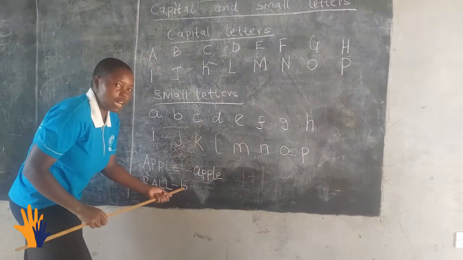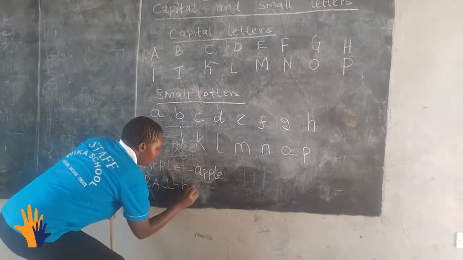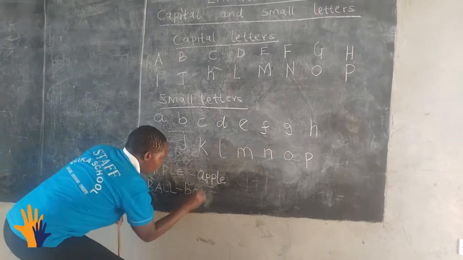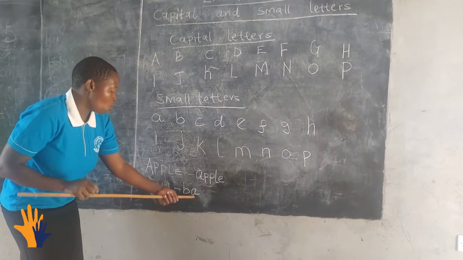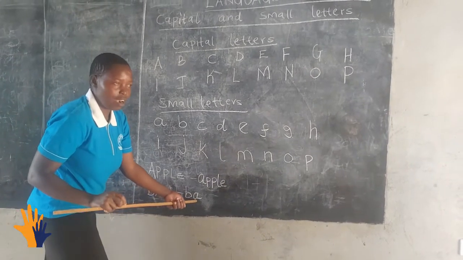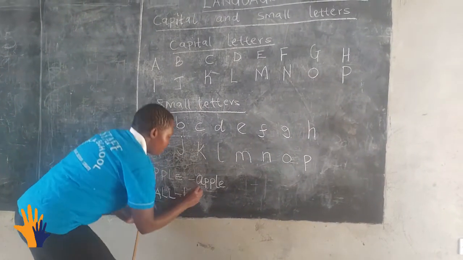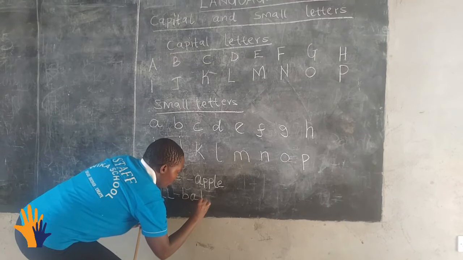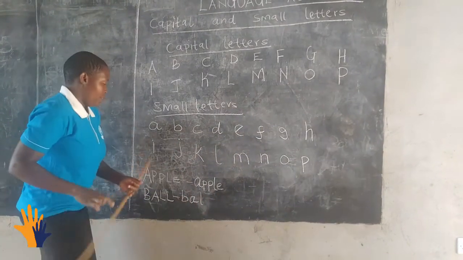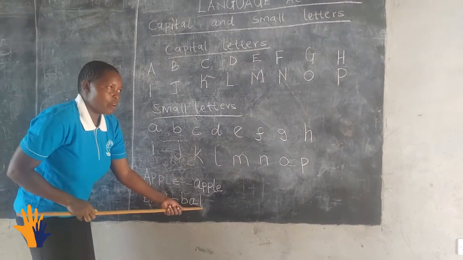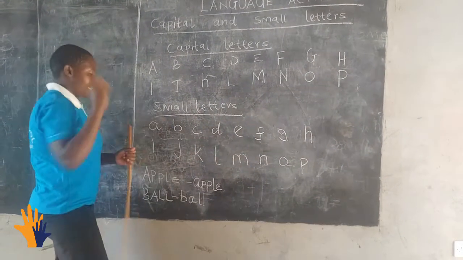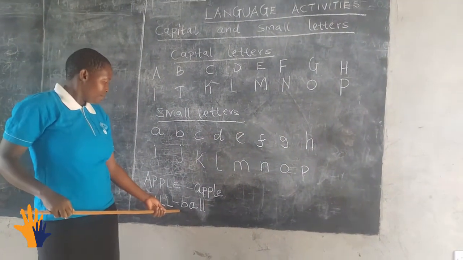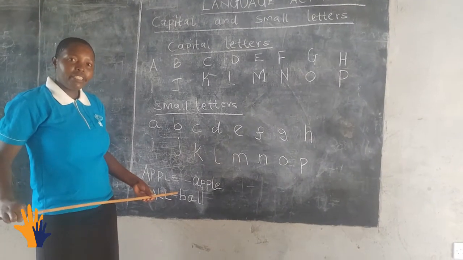So this is also sound b. And then capital letter A, when we change it into small, we write it like that, sound a. Then capital letter L in small letters, we write it like this, also sound l. And then again we write it like that. Have you seen it, children?